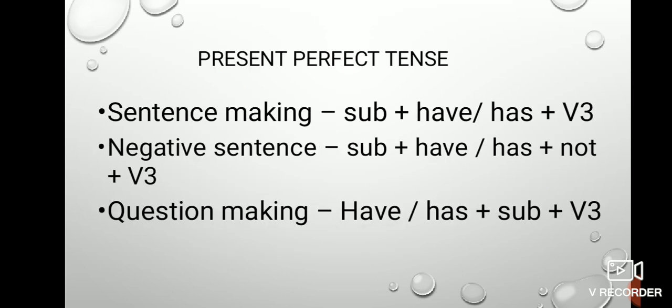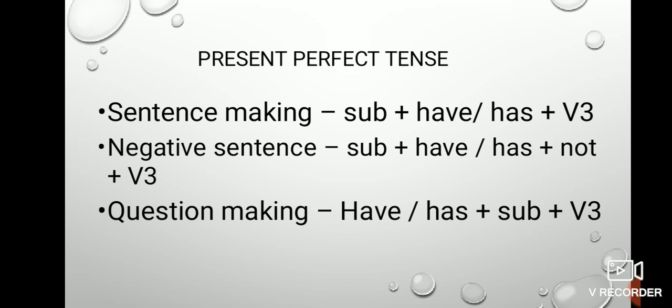Okay, children, in today's class we have seen present perfect tense. Just an oral class only I have taught, because in depth you have learned it in grade 5 itself. I'm just brushing up with that, so surely you could remember the things which we studied in grade 5. First we started with sentence making, that is positive sentence. The subject should be followed with have or has.